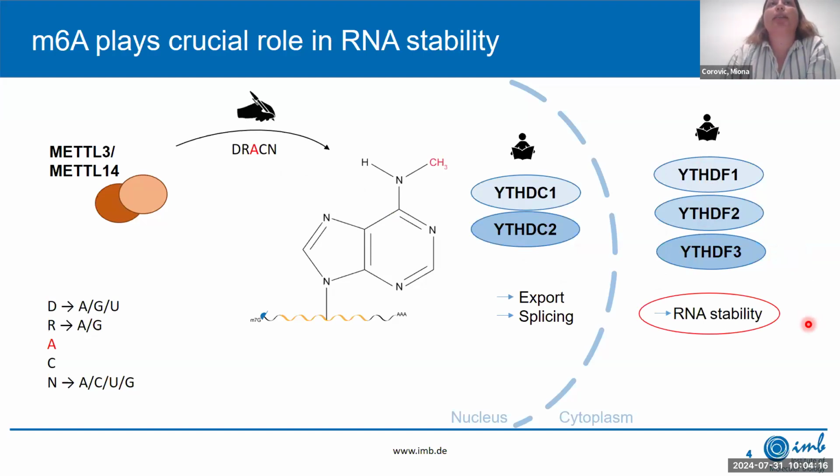But before I start talking about the stability aspect, I would like to introduce a couple more things. In order to be able to discuss any influence of the modification, first we needed to know exactly where this modification is located on the RNA.